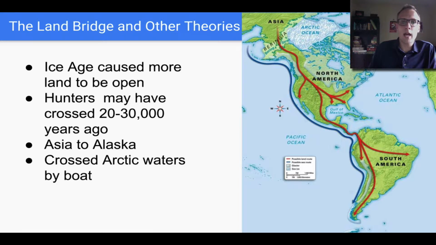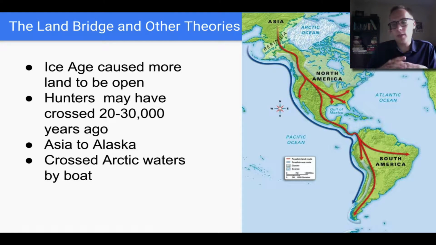It was all frozen in ice. And that exposed, connected essentially, the area between what we would say Russia today and Alaska. And what they believe is they came across where this red line on this map is, down into North America, Central America, and South America. And you've probably learned about some of those ancient civilizations, the Inca, the Maya, the Aztec that developed, but also just the Native American cultures in North America.